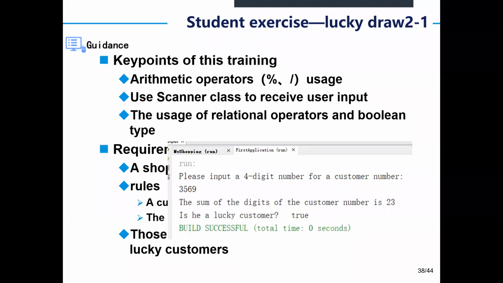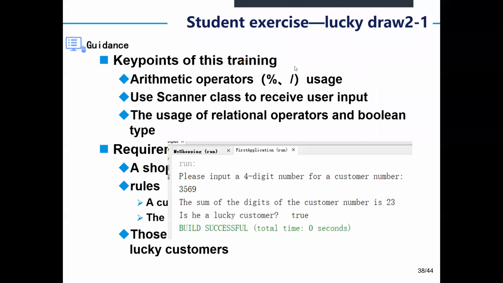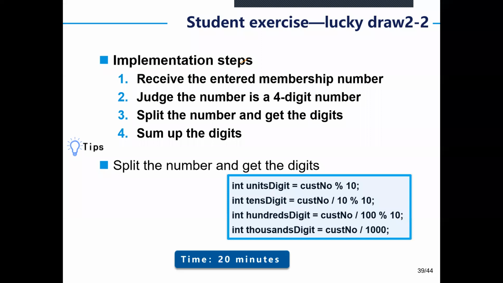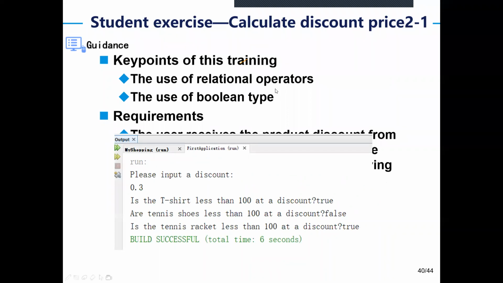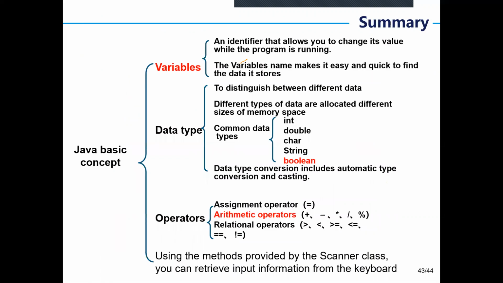Lucky draw. Okay, this is the homework in chapter 2. So we have 3 homeworks in this chapter. This is the 4th homework. Because these homeworks are too simple, I will skip them.